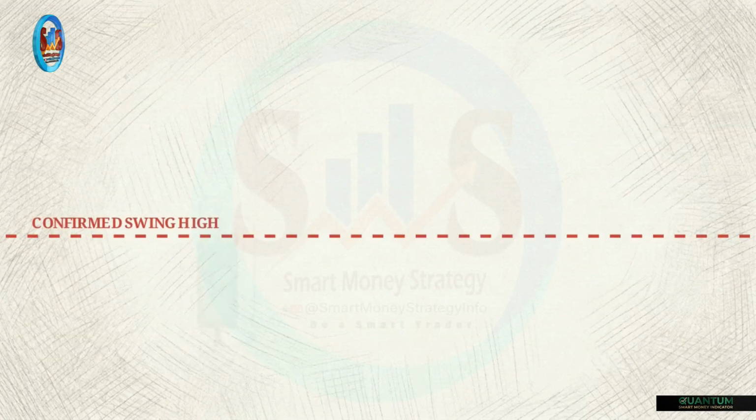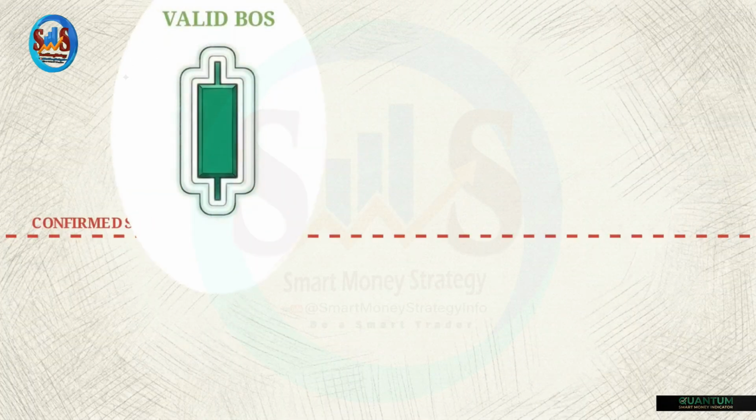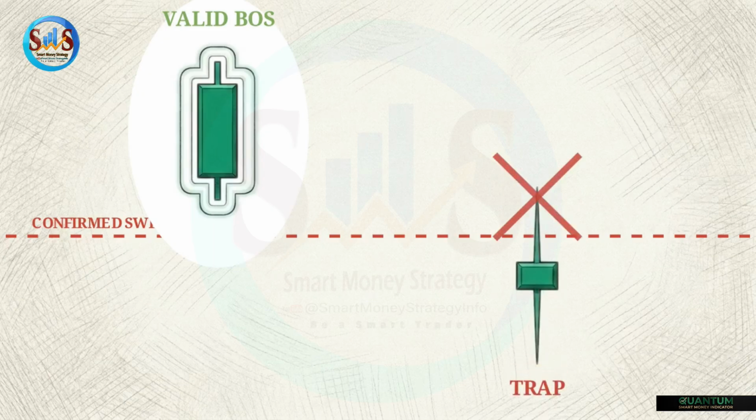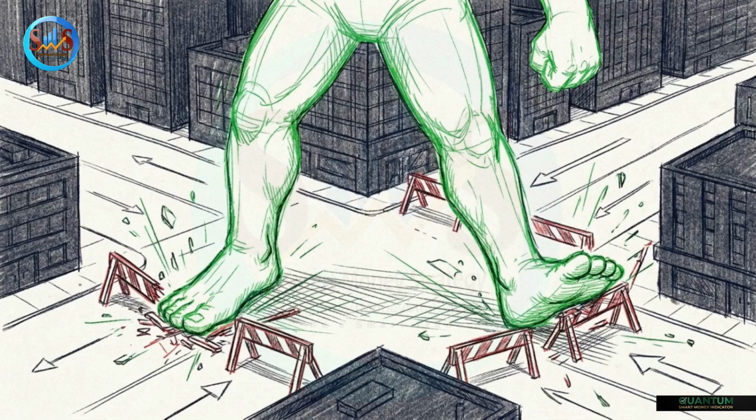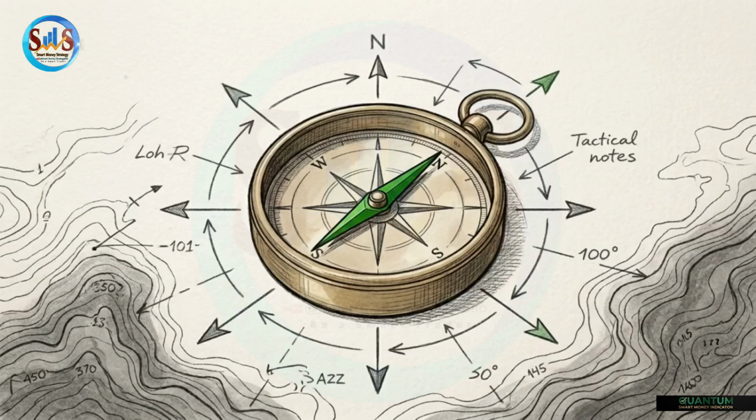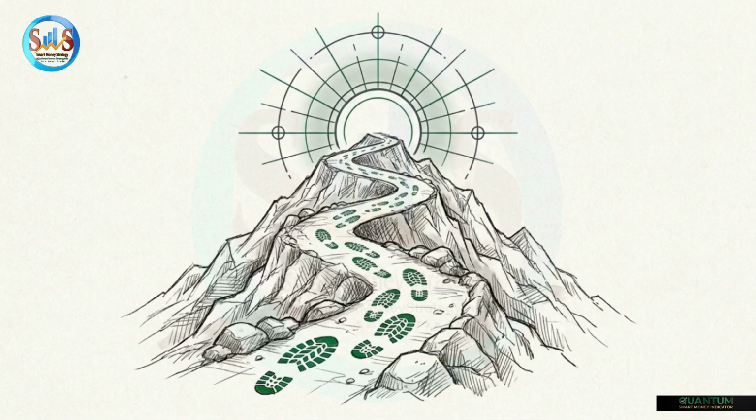We look for the solid block of a candlestick to finish completely above the line. A thin little line poking through is just a toe dip, it doesn't count. This solid push tells you the buyers have massive strength, and the giant is firmly in control of the direction. Seeing the march is your confirmation that the trend is healthy and it is safe to follow the trail.